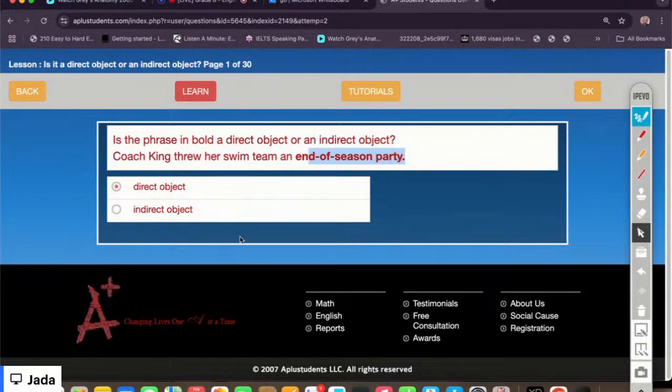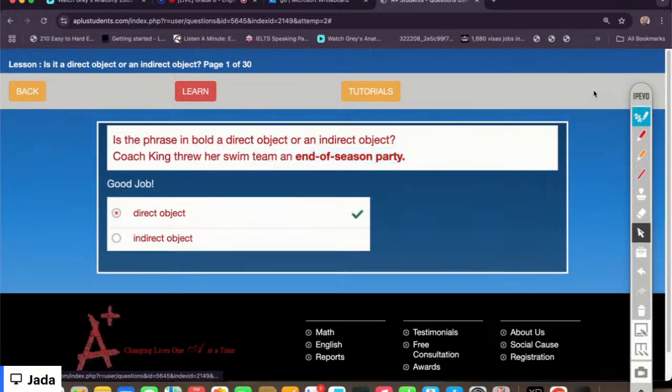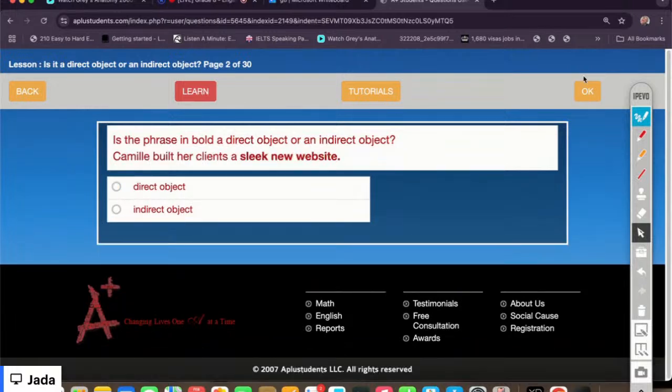What did the coach throw? You would say an end of season party. When you ask what did he throw, so it would be the end of season party. Next: Camille built her clients a sleek new website. So what is this?